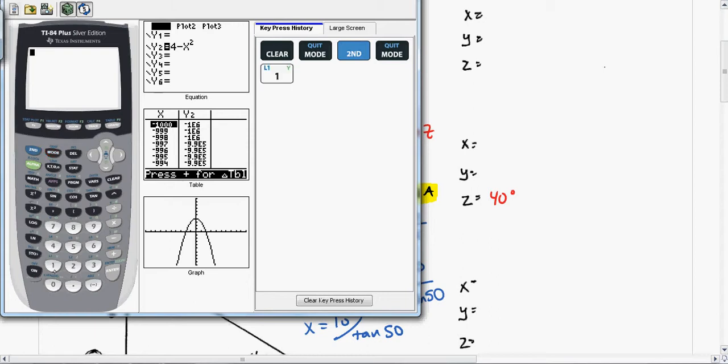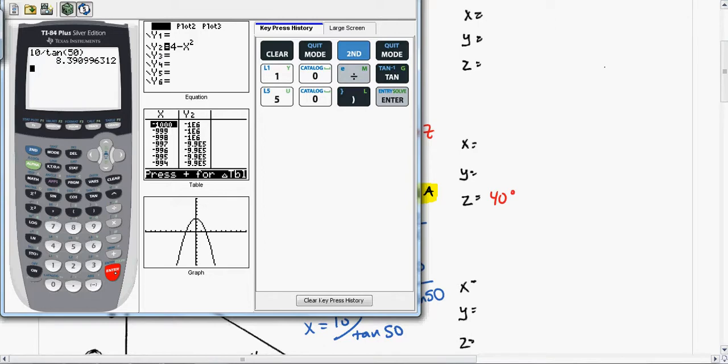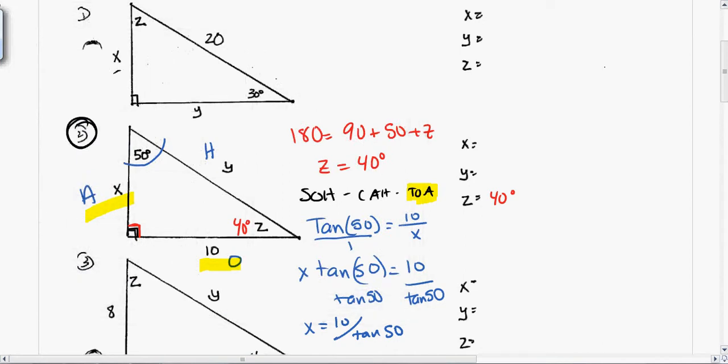And now let's go 10 divided by the tangent of 50 degrees. And it looks like that side is 8.3909, and we're going to round to the nearest tenth, 8.4.